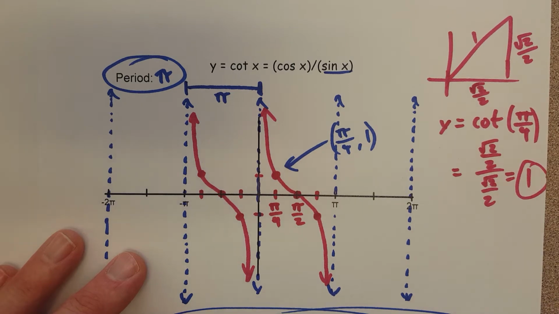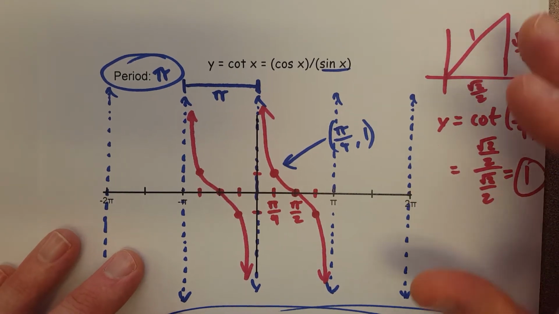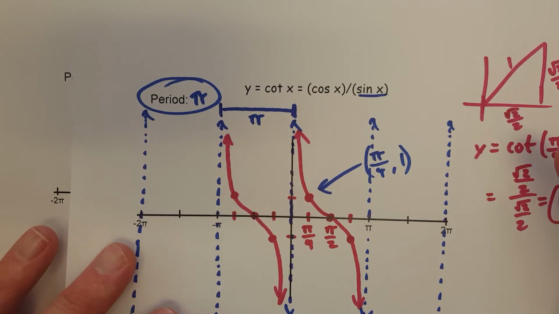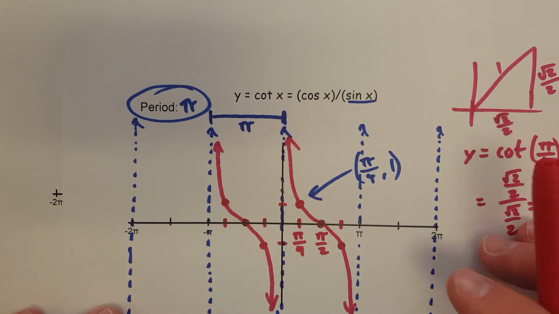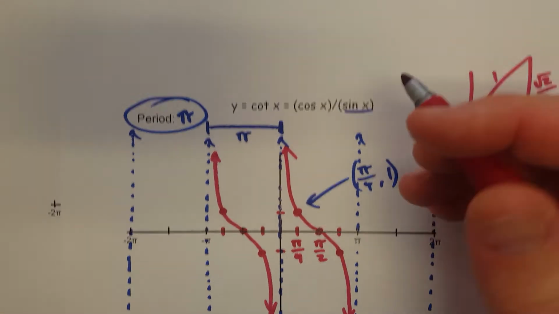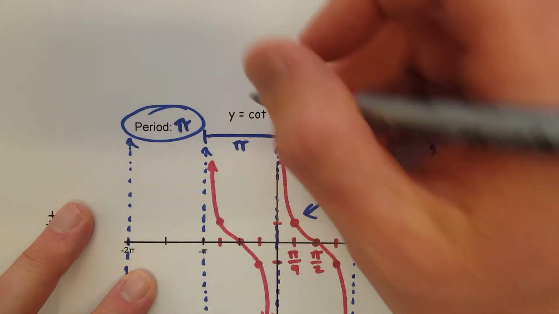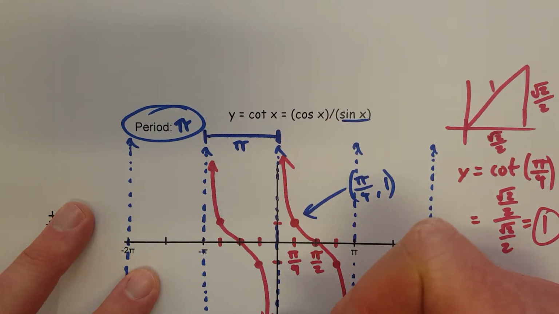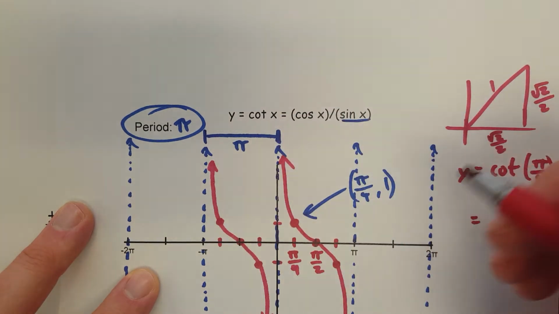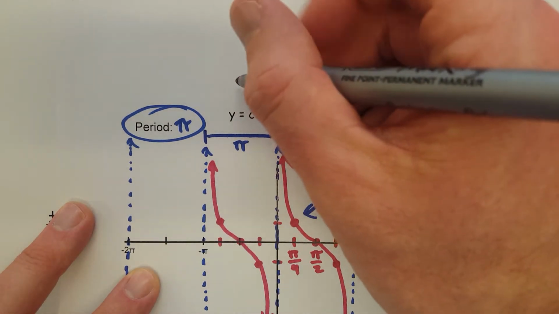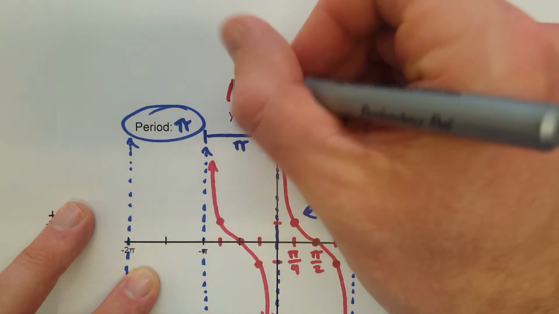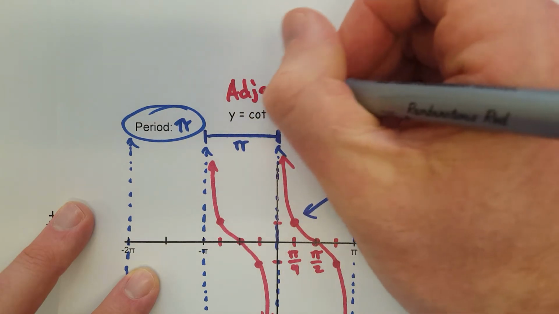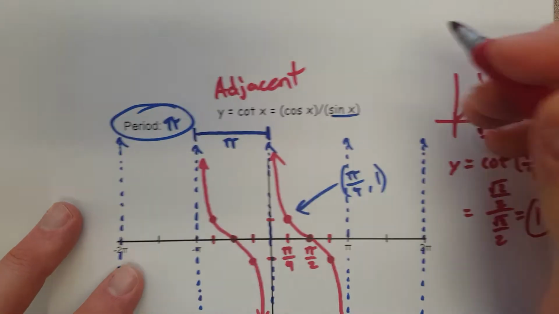But just to shortcut certain things here, I'm going to give you a couple of key words to think about. For cotangent, since that first vertical asymptote is right up next to the axis, I like to refer to cotangent as adjacent to the axis.